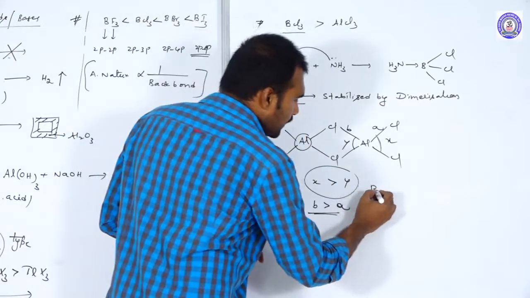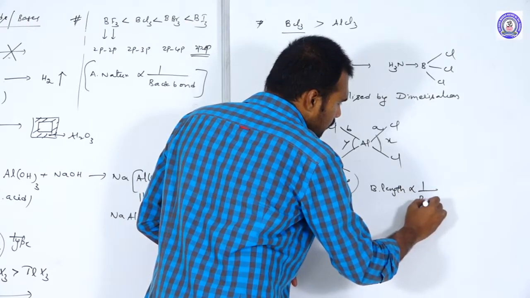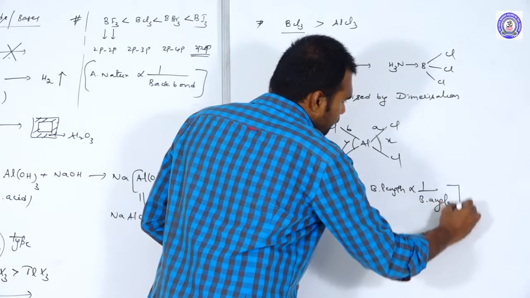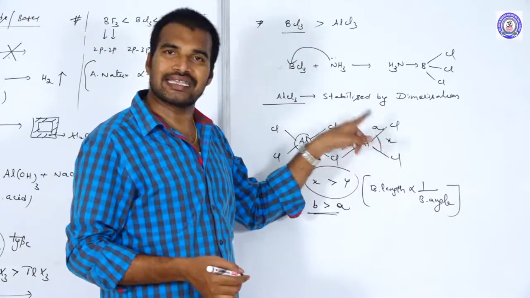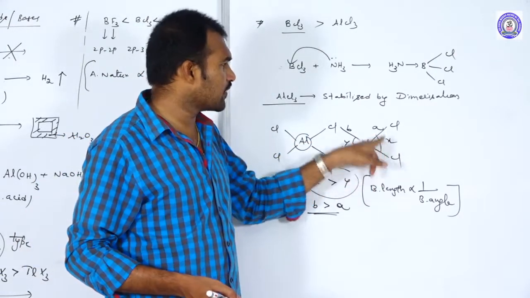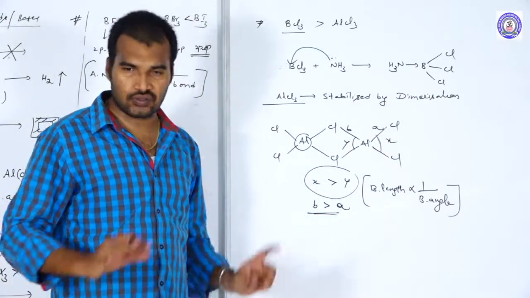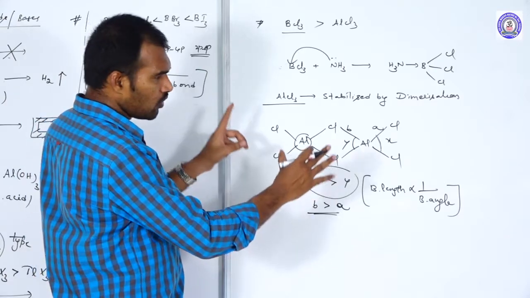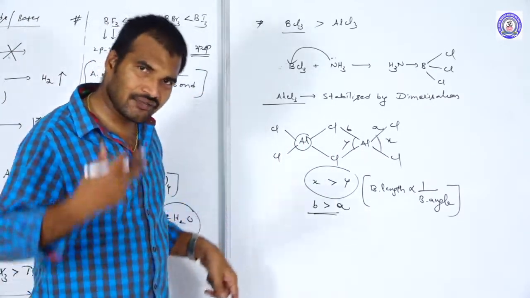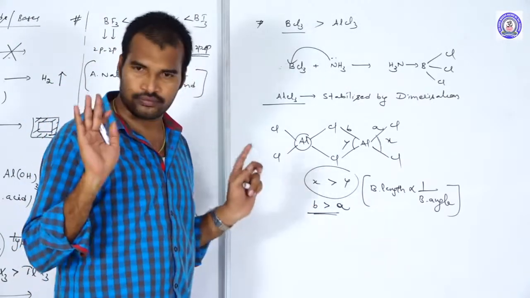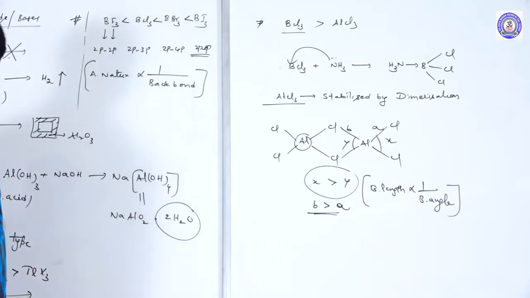Because bond length is inversely proportional to bond angle. Here the terminal bond angle is greater than the central bond angle. That is why terminal bond lengths are shorter than bridged bond lengths. This is not only applicable for AlCl3. For all compounds with the same kind of structure as AlCl3, this rule is applicable. Remember this. This is about the reaction towards halogen.